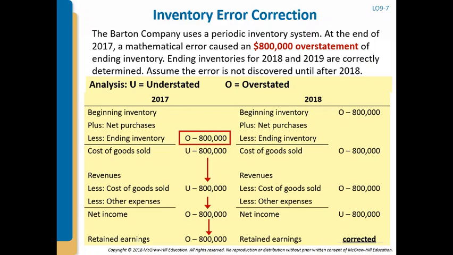And so since cost of goods sold was understated $800,000 in 2017, now it's overstated by the same amount. And note that there's going to be an understatement of $800,000 in net income in 2018, whereas there was an overstatement in net income in 2017. Thus, they've canceled each other out, and retained earnings is now correct going forward in 2019.